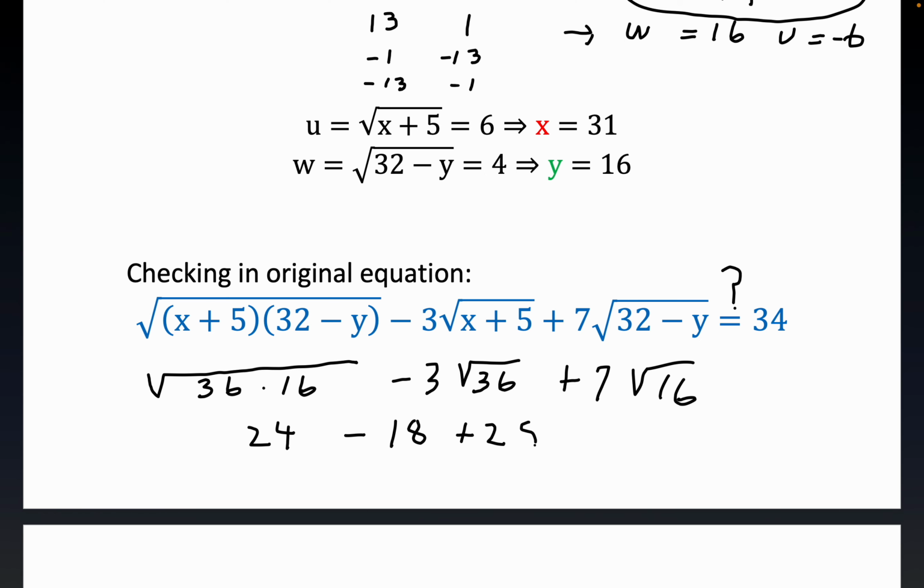So does that work out? 28 plus 24 is 52, and 52 minus 18 is certainly equal to 34. So this does check. And folks, we'll write it like the original problem said: 31, 16 is the ordered pair solution. That is the answer to the question, ladies and gentlemen.